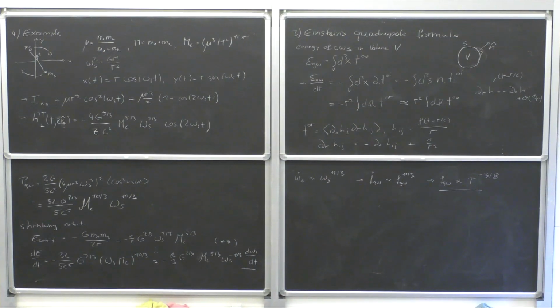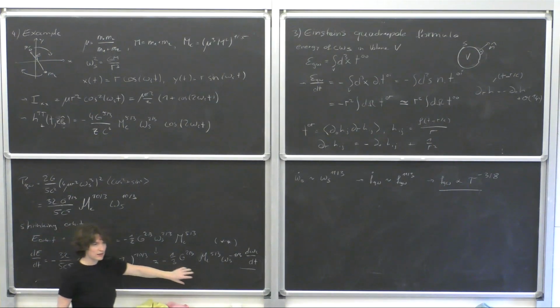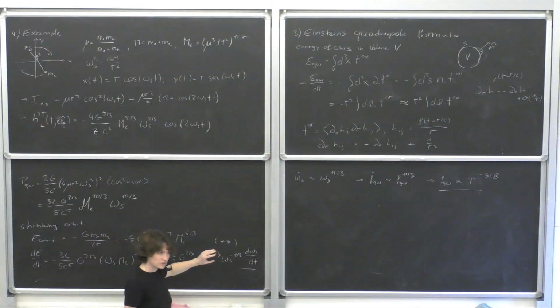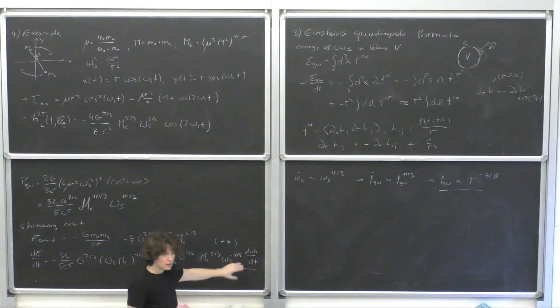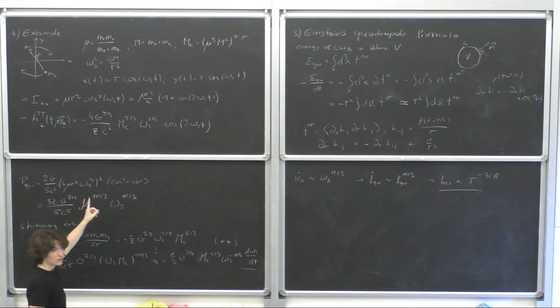You would need to compare the time scale of the motion with this change in time scale. Since I didn't give you the prefactors, you cannot do it. But if you go back to this equation and evaluate the relevant prefactors, you should find a number which is much smaller than unity compared to the actual frequency evolution.